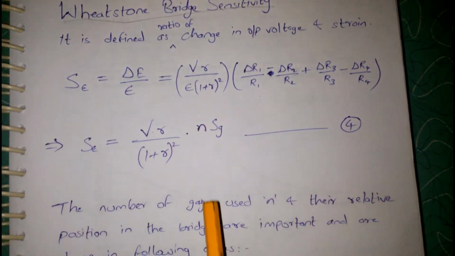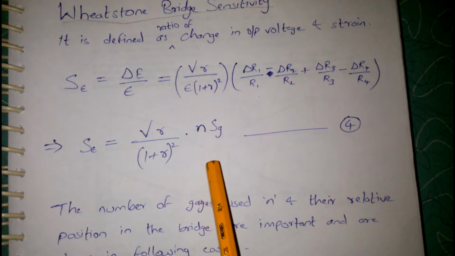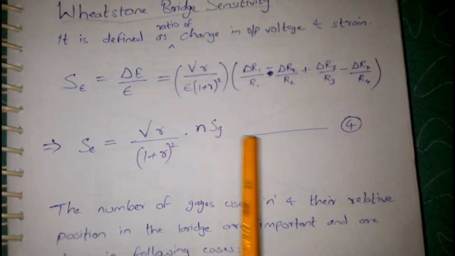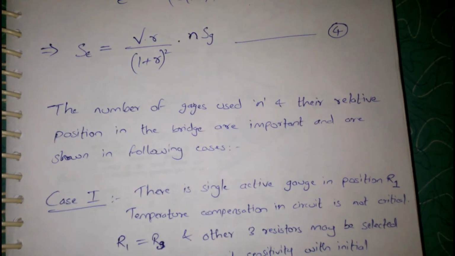And this will be equal to VR upon (1 plus R) whole square multiplied by N into SG. The number of gauges used is N, and their relative positions in the bridge are important and are shown in the following cases.